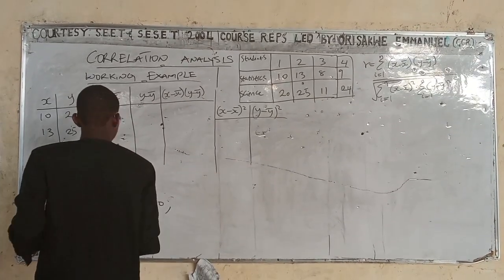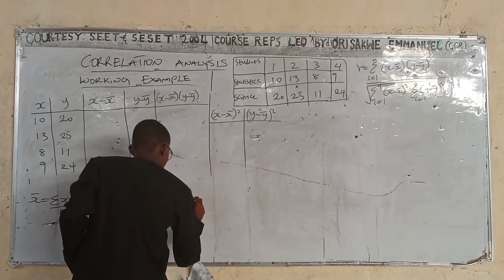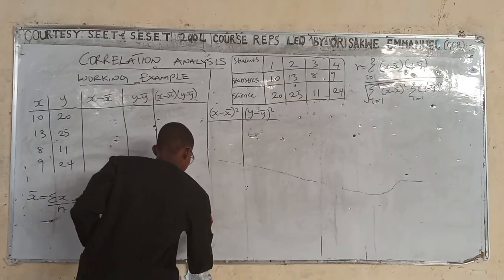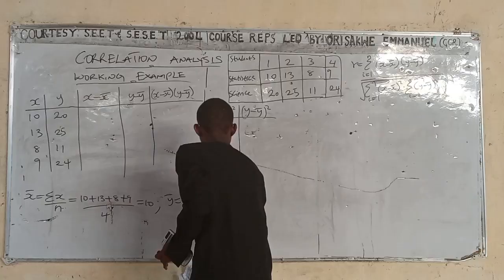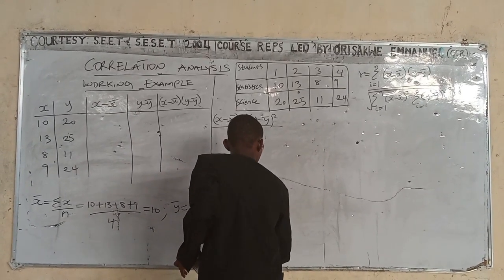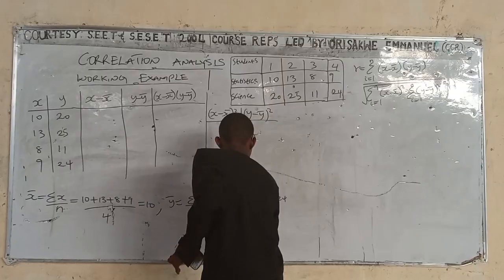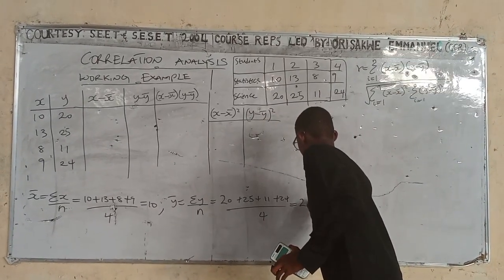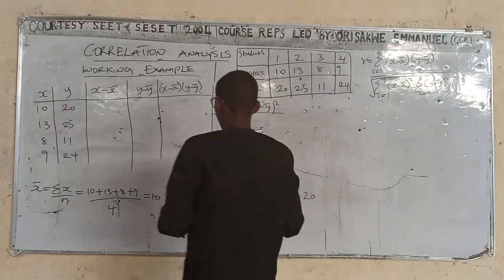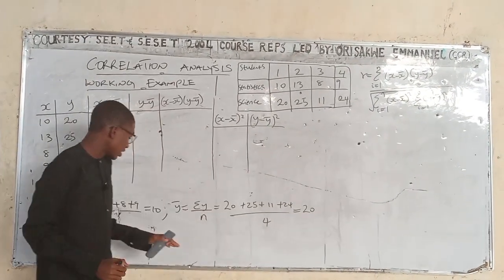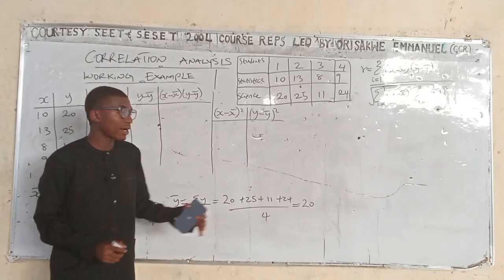And to get your y bar is equals to summation of your y variable all over n, which is equals to 20 plus 25 plus 11 plus 24 all over 4. Upon this, you get 20. So this is your x bar and this is your y bar.